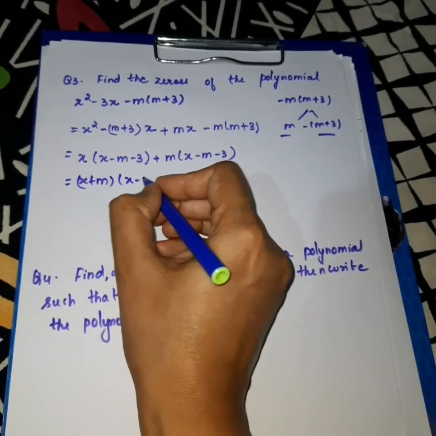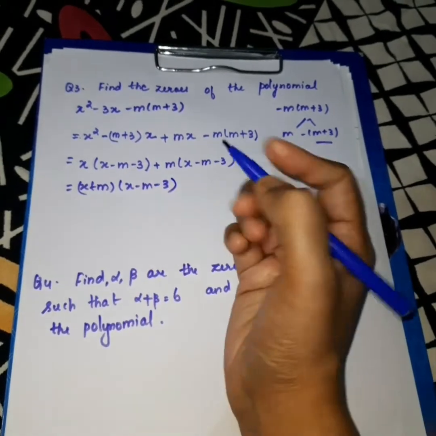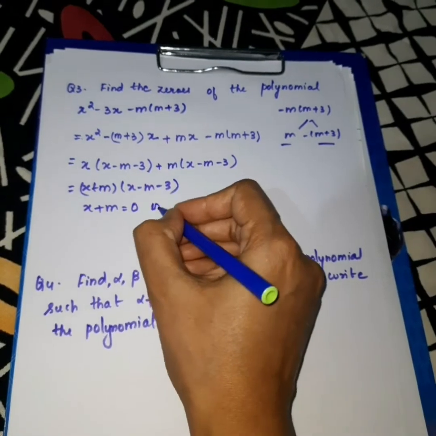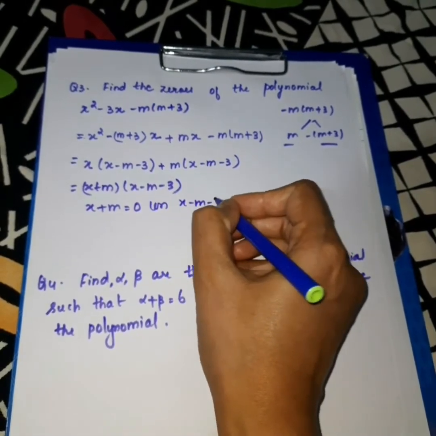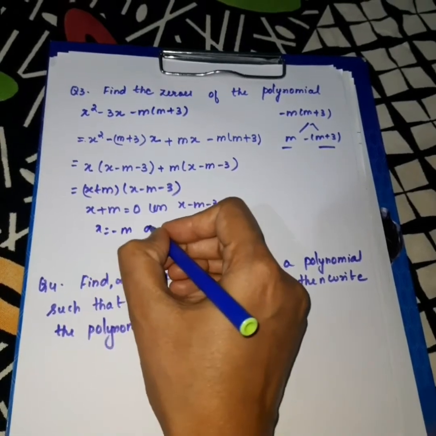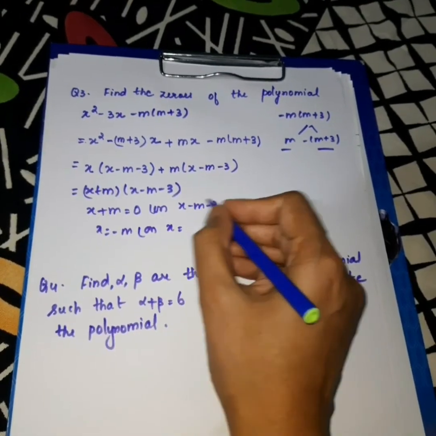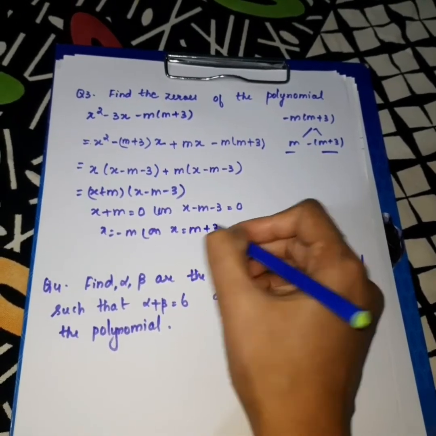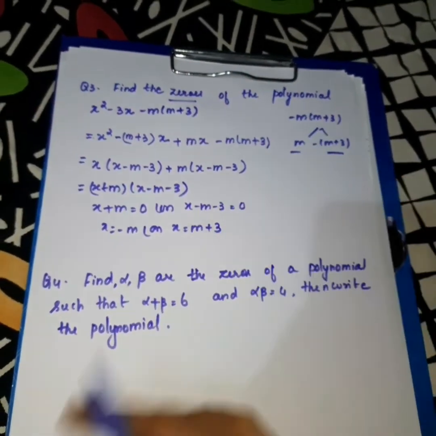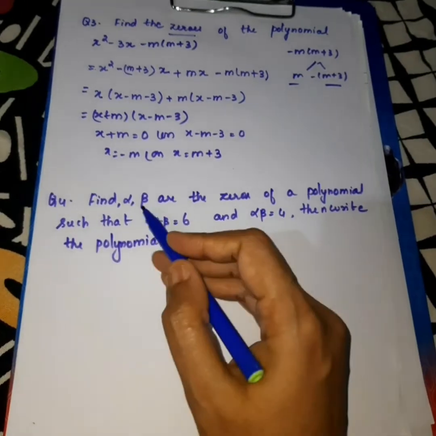So x plus m and x minus m minus 3. To find the zeros, we have to equate these two factors to 0. So x plus m equals 0, x minus m minus 3 equals 0. So the value of x is minus m or x equals m plus 3. So we got the zeros.